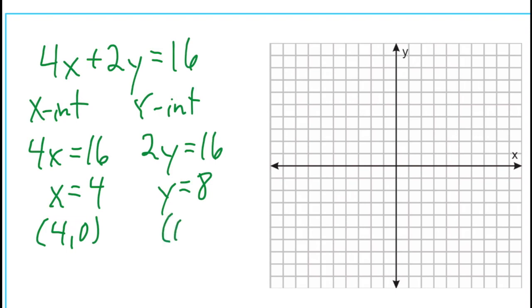And that would mean that I let x equal 0 and my y value is 8. Put these on your graph and you have a line. So 4, 0 is right there, and 0, 8 is up towards the top. 2, 4, 6, 8. And then if I draw a line through there, I would have my graph.